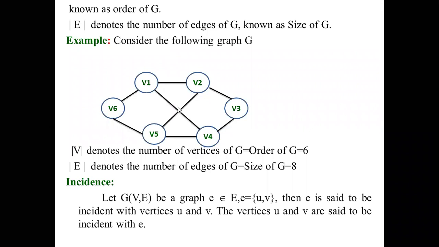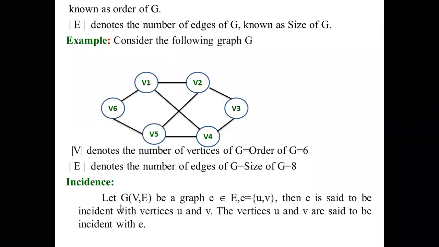So the total number is 8, so E is equal to 8, which is the size of the given graph. So the order of this graph is 6 and the size of this graph is 8. The number of edges equals the size of the graph, and the number of vertices equals the order of the graph.